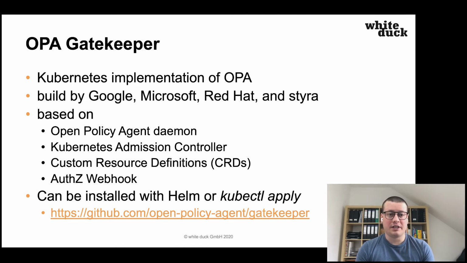But I will go into detail later. And the installation is pretty easy. The Gatekeeper project provides a Helm chart which you can use to install, or just doing a kubectl apply. You'll find more details in the link below.